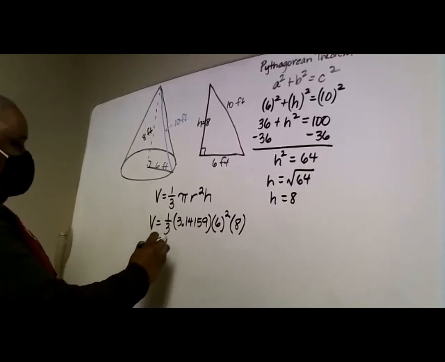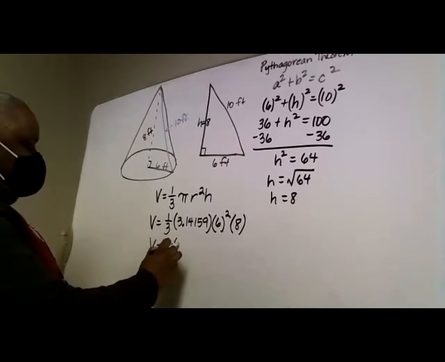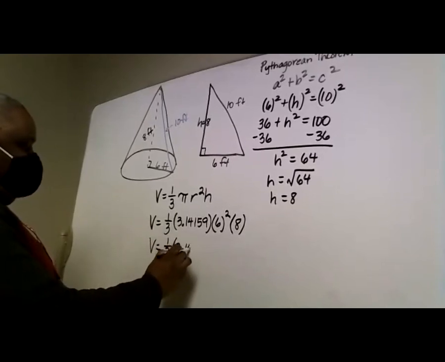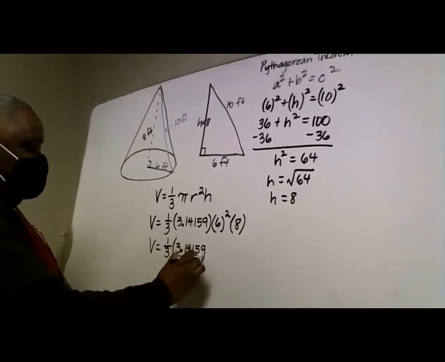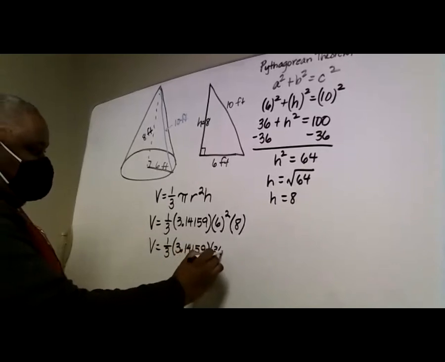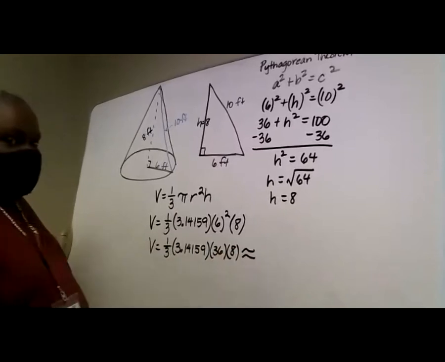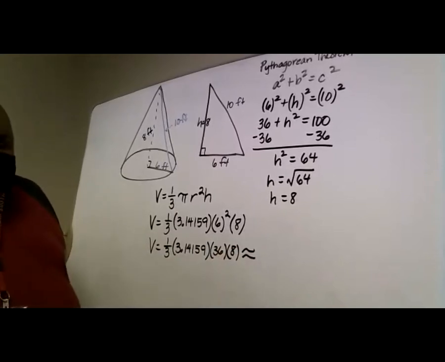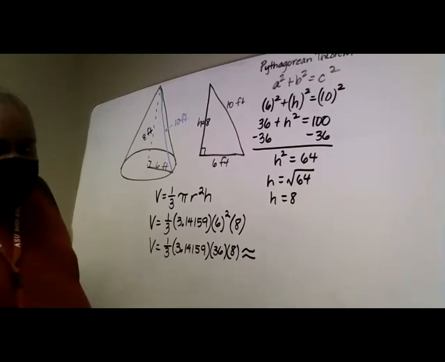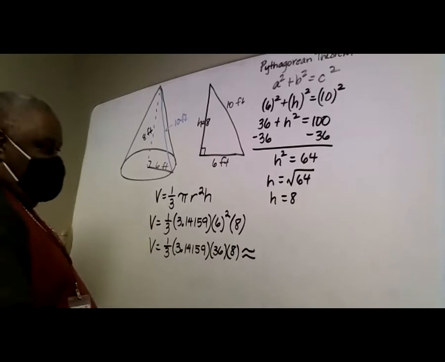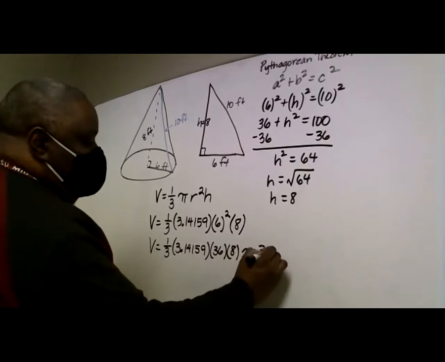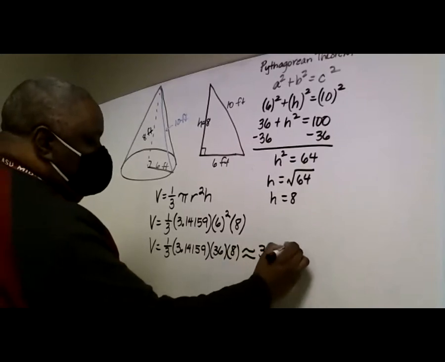So here, I'll just write this up: 1/3 times 3.14159 times 6 squared, which is 36, times 8. If I round that off to the nearest tenth, the approximate volume of that cone would be 301.6.